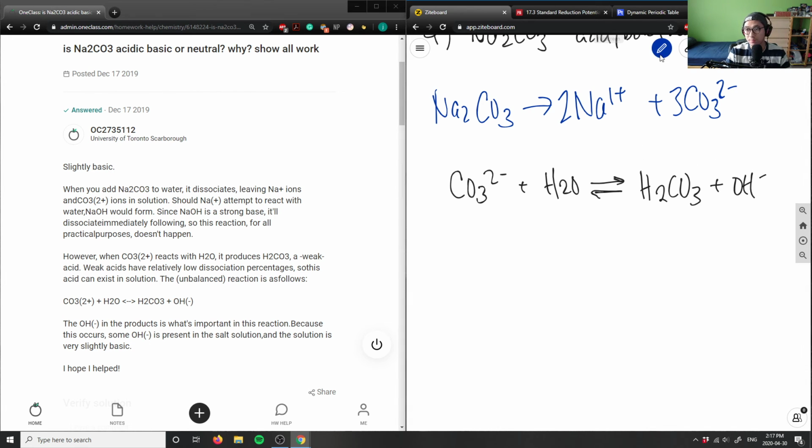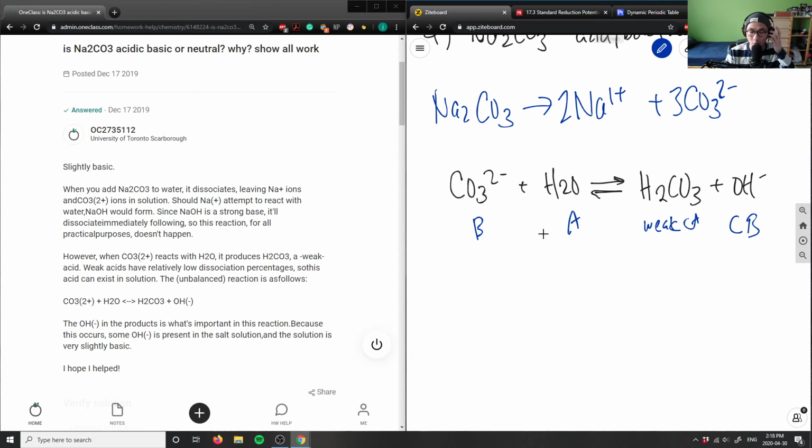So in this case, if this is our weak conjugate acid, this would be our conjugate base, and this would be our base, and this would be our acid here.